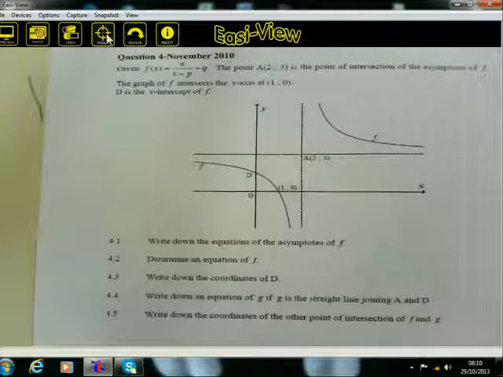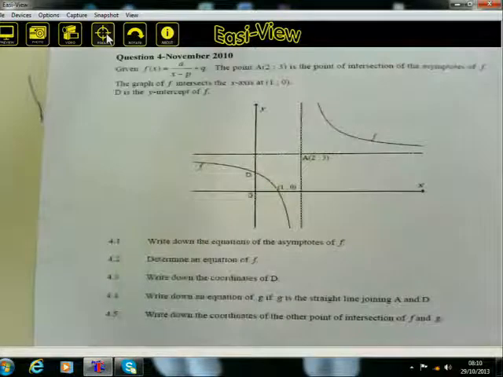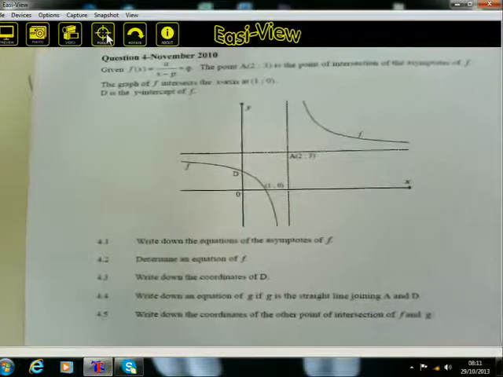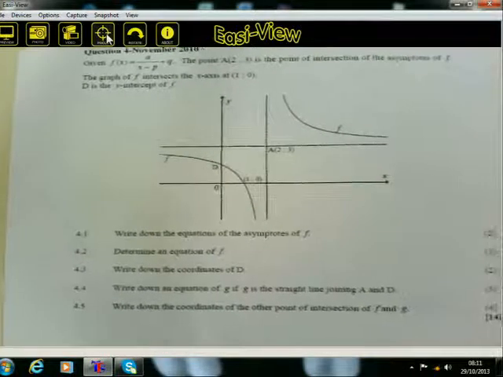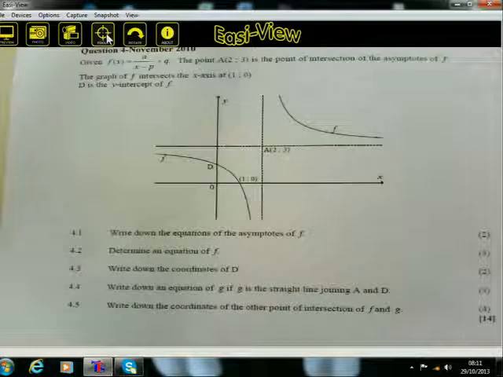It is the x-intercept. We are also given that D is a point on the y-axis. With that information, try to answer the following questions. The first one is write down the equations of the asymptotes. The second one, you have to determine the equation of f. Number 3, you have to write the coordinates of D.